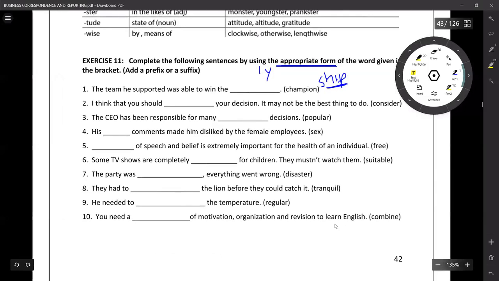Try out the questions and then we'll discuss it. I want you all to get 100% accuracy. Please note down the right answers in your book. Vocabulary chapter, guys, full of exercises.